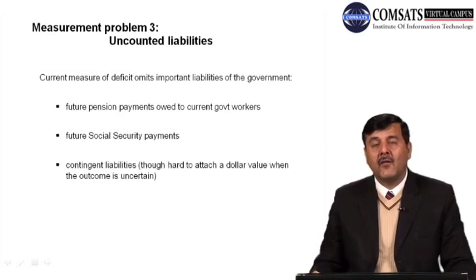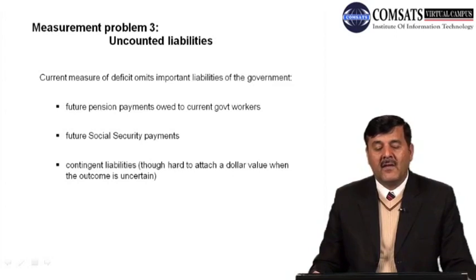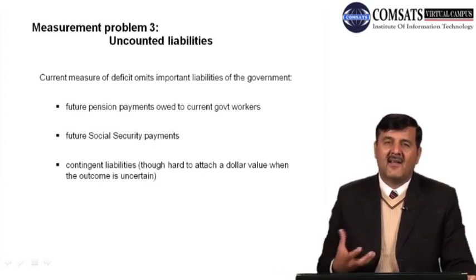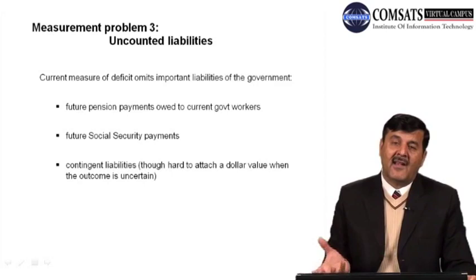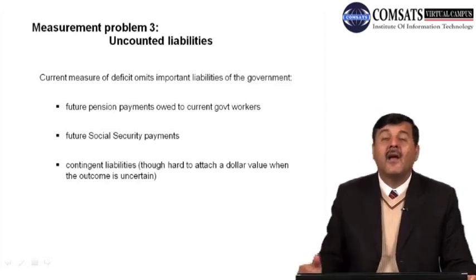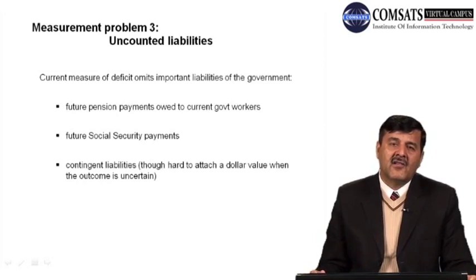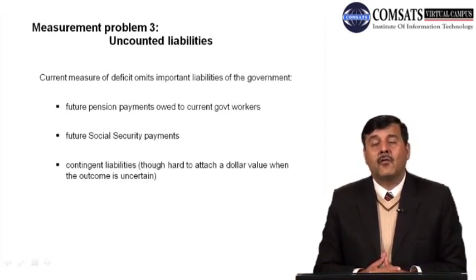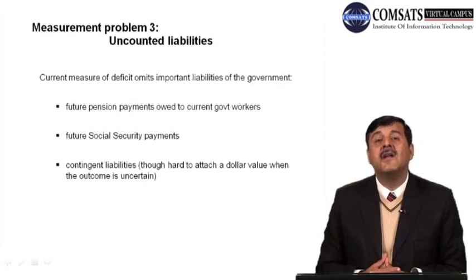Contingent liabilities भी ऐसी कुछ होती हैं जो कि government की responsibilities में आती हैं और उसको हमें शामिल करना चाहिए deficit निकालते वक्त। They are hard to attach value to, as the outcome is uncertain, but these need to be considered. Contingent liabilities भी होती हैं कि sudden जो changes आती हैं, जैसे अगर पाकिस्तान की बात करें, so there was a flood, there was an earthquake, right? तो इस तरह की जो तब्दीली आती है, तो government has the liabilities to overcome that situation। तो उसमें अखराजात होते हैं, खर्चे होते हैं, that need to be included in the calculation and the measurement of deficit. So uncounted liabilities is one of the problems, is one issue that needs to be considered while measuring deficit in the economy.